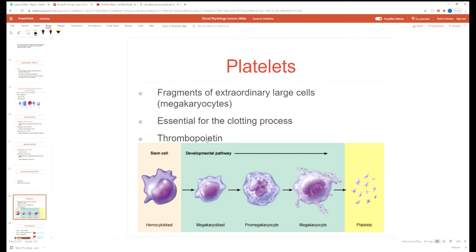But basically, we have a hemocytoblast, which develops into a megakaryoblast, a promegakaryocyte, a megakaryocyte, and if you see these little extensions here, we have a special type of capillary in the red marrow called a sinusoid capillary, and it's very leaky, very porous.